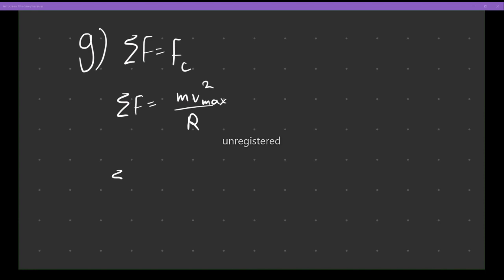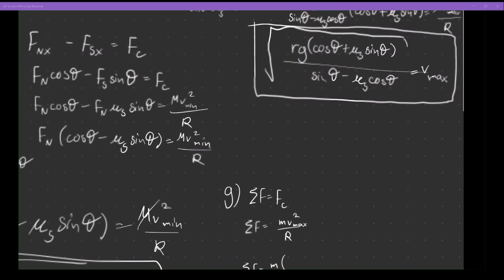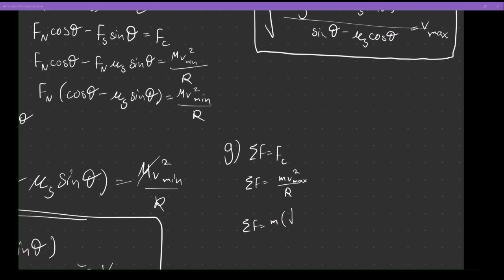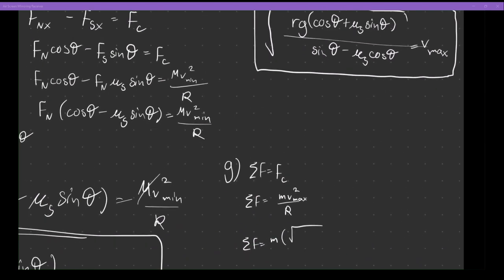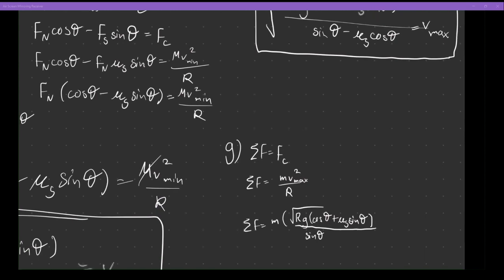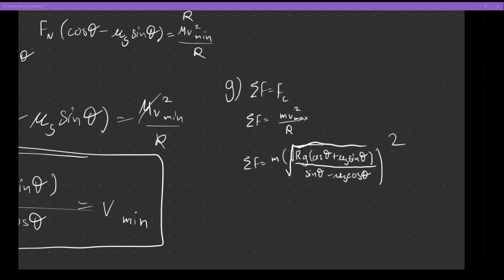And so net force is equal to m times the v max that we got before, which was the radical of r times g times cosine of theta plus mu s sine of theta, all over sine theta minus mu s cosine of theta. This is all under the radical. Square it, all of this over r.